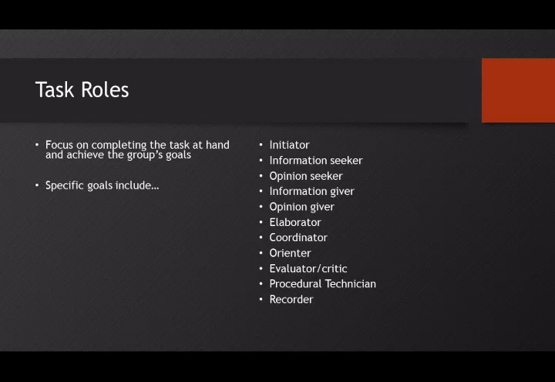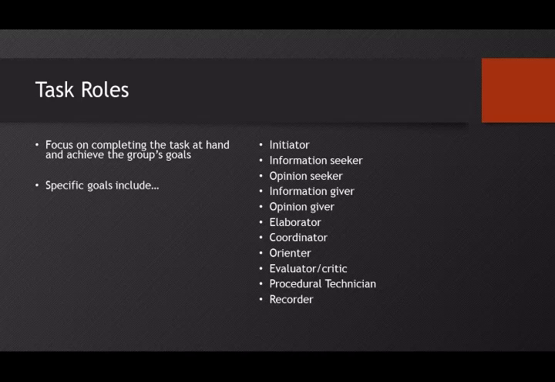As there are different needs in the group, a person might take on a particular task role. And they're fluid in the sense that you can also change roles as the group develops. So maybe if you're needed in a different capacity, your role in the group could change.